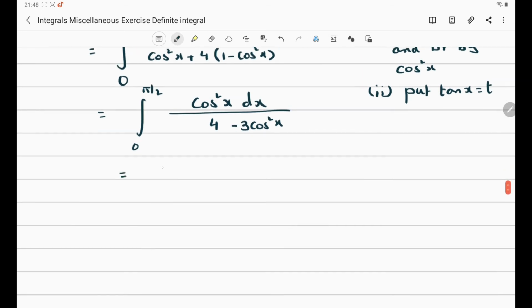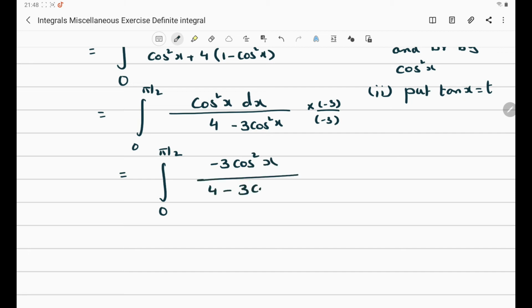So, we write it as integral 0 to pi by 2, since we have in the denominator minus 3 cos square x, let us try to multiply and divide with minus 3. So, on multiplying with minus 3 in the numerator and denominator, we get minus 3 cos square x by 4 minus 3 cos square x dx, and we can write minus 1 by 3 outside the integral.